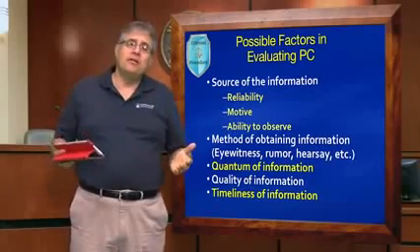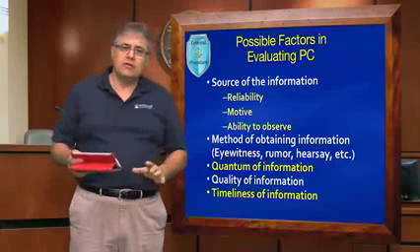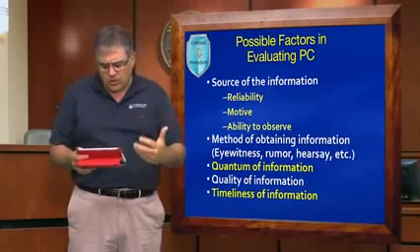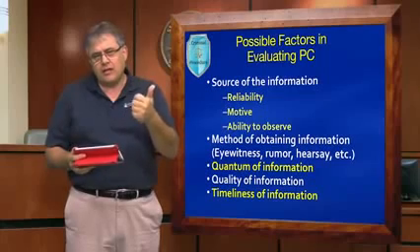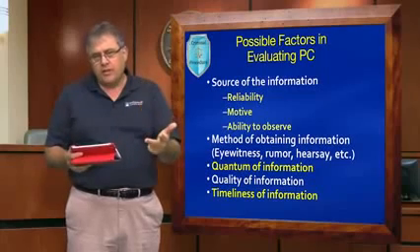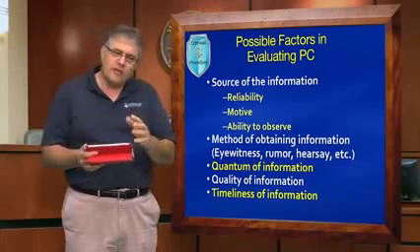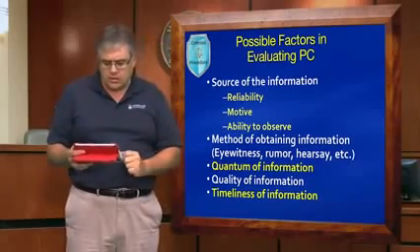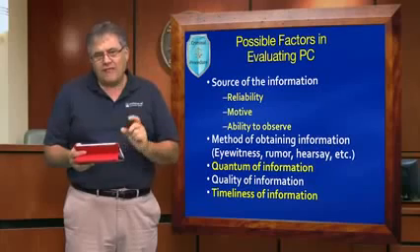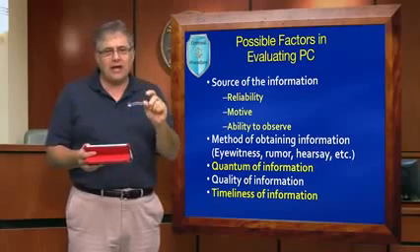Factually, did they even have the ability to see what it is that they're claiming to see? This ability to observe. So if I'm concerned with reliability, motive to lie, and ability to observe, and for motive to lie you could also include just bias or prejudice for or against someone, then I've got to look at how they got the information.